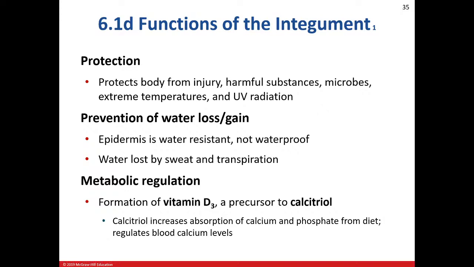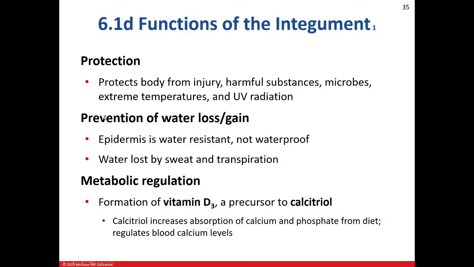So we always talk about it in regards to the skin because the skin is frequently bombarded with it, but UV radiation is strong enough to actually pass through the skin and into deeper structures. And so the subcutaneous fat layer will actually partially block rays just because it's one more thing that the radiation has to go through.